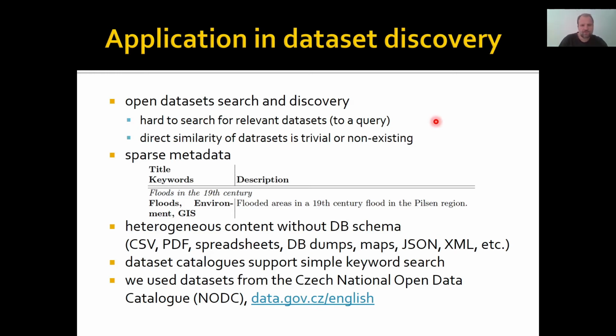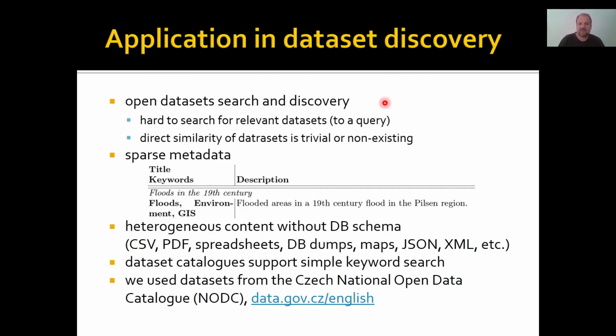For example, there is the domain of open datasets. Open datasets are datasets published by governments and other public bodies on the internet, and they must publish by law information about municipalities, and actually anything could be published.